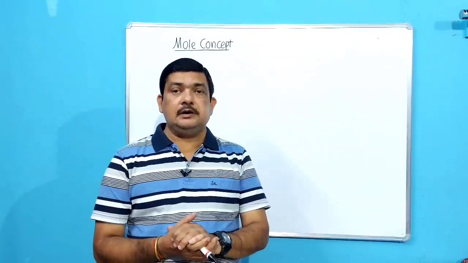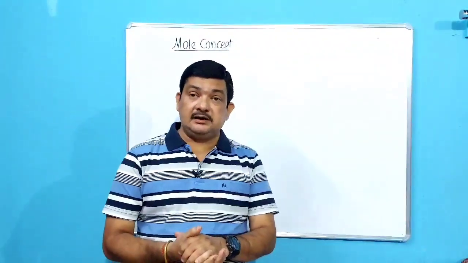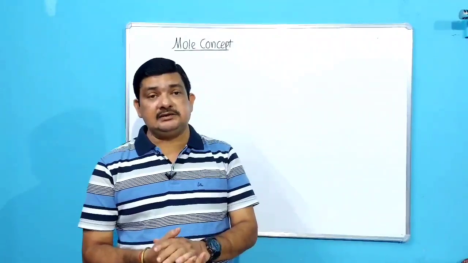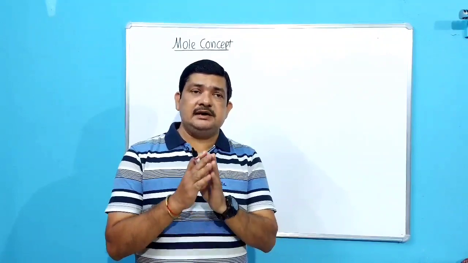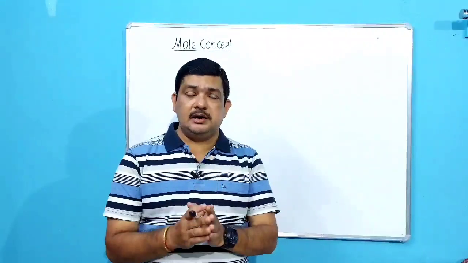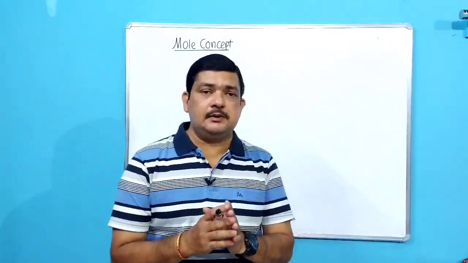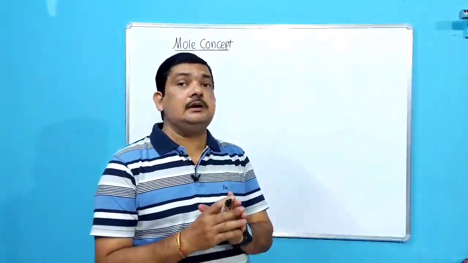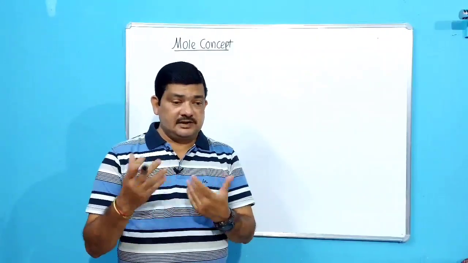Okay. So what do we do now? We take a large number of particles. It may be atoms, molecules, ions, any particle. When we take them in large number, their mass and volume make sense. It is applicable. It is countable or measurable.